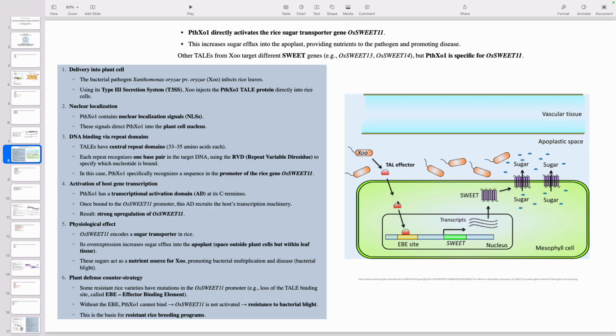Then, due to the nuclear localization signal present in the C terminus, this PTHXO1 TAL protein is directed into the plant cell nucleus.